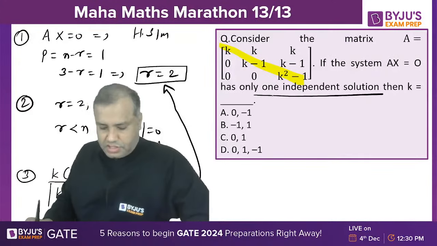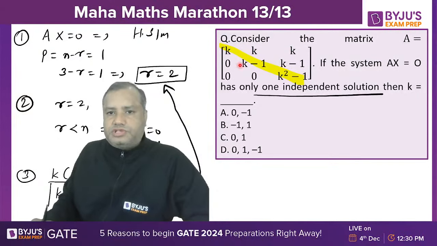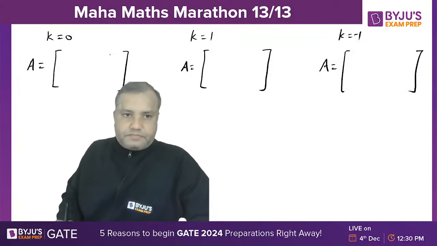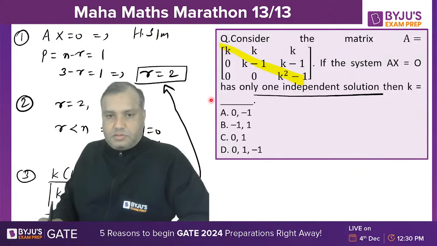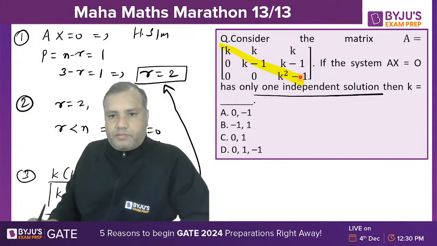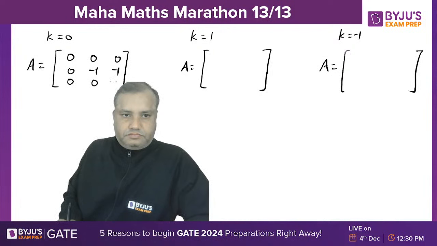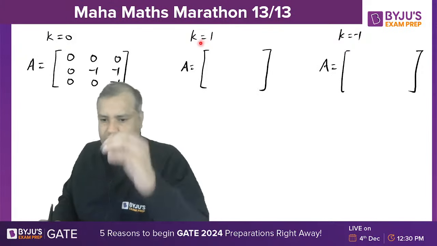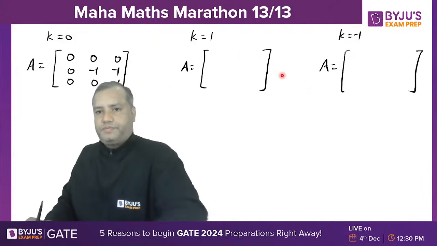So, when you put K equal to 0: 0, 0, 0, 0, 0 minus 1 minus 1, 0 0 minus 1. Put K equal to 1: 1 1 1, 0 0 0, 0 0 0.